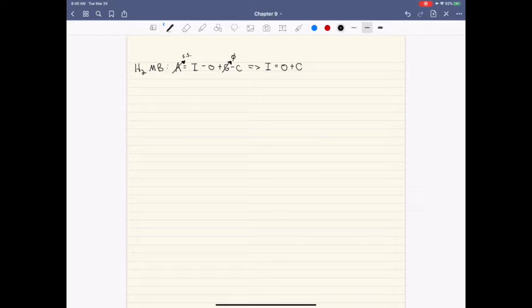Okay? So let's think about what each of these terms is going to be. So for the input, that's just going to be equal to the molar flow rate of stream 1, since stream 1 is just completely hydrogen, and that's the only source of incoming hydrogen into the system.